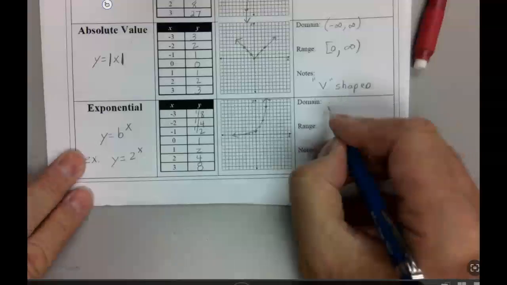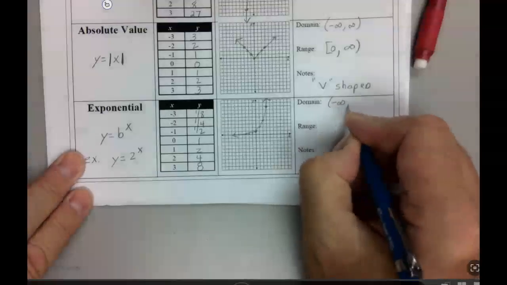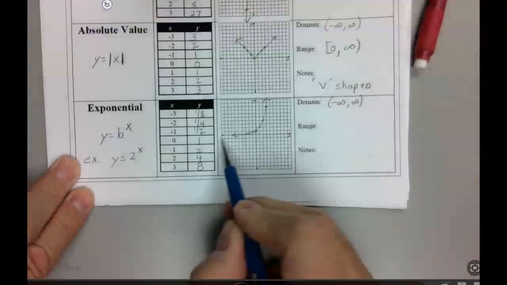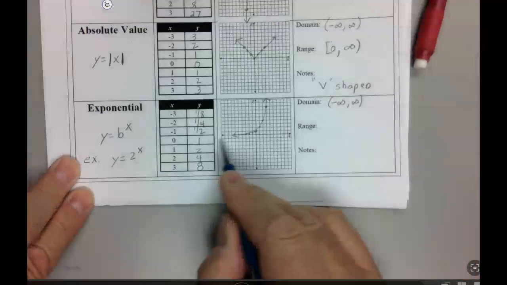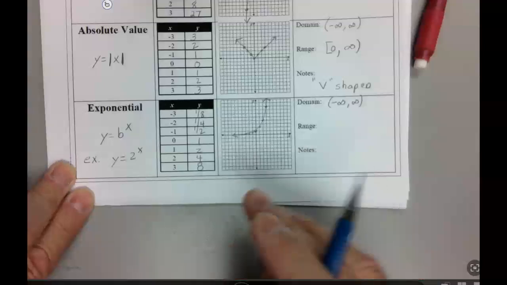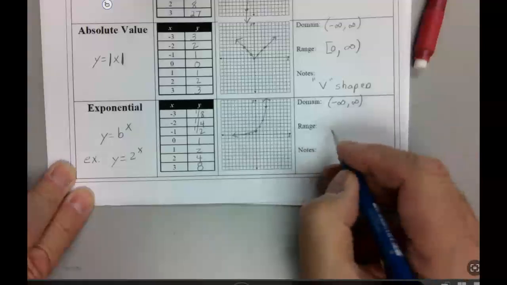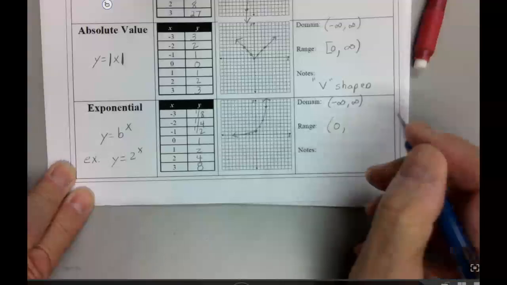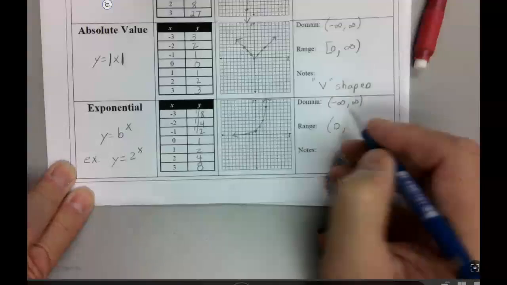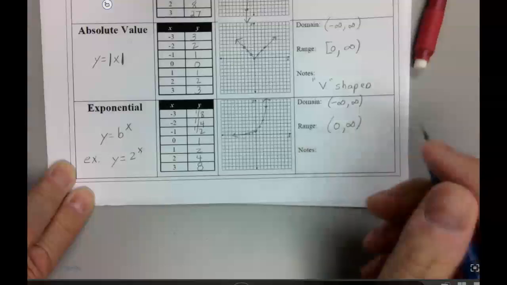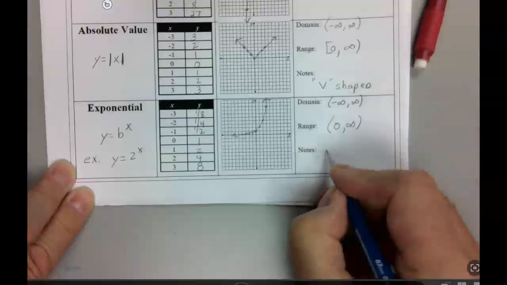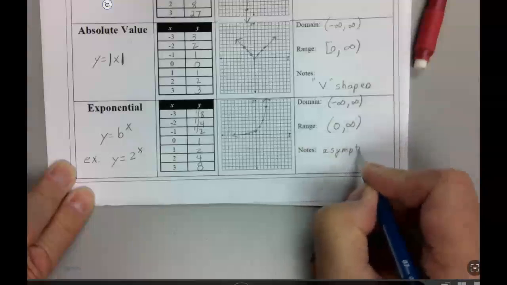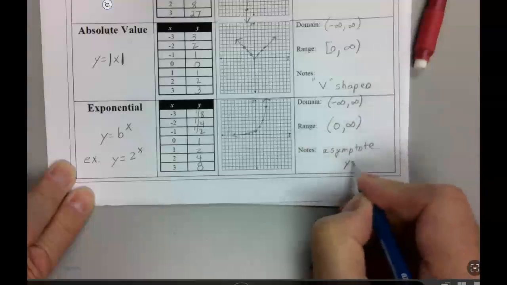So again, my domain is all real numbers. My range is 4. What's the floor? Is it ever going to cross y equals 0? So it's going to be 0, non-included, to the ceiling, which is positive infinity. Notes, you're going to hear this a little bit. We will have an asymptote at y equals 0.